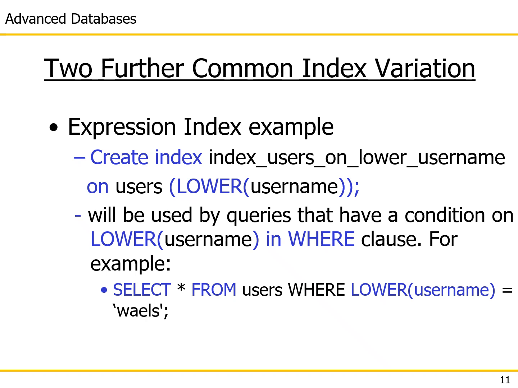Any query where this expression lower username appears, instead of actually going and fetching the username and passing it to the lower function to get the lowercase version of the username, and instead of doing all that, we're going to go to the index and retrieve the result from there.